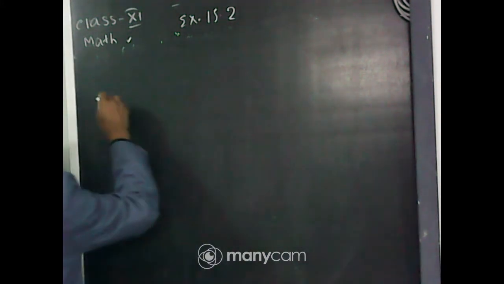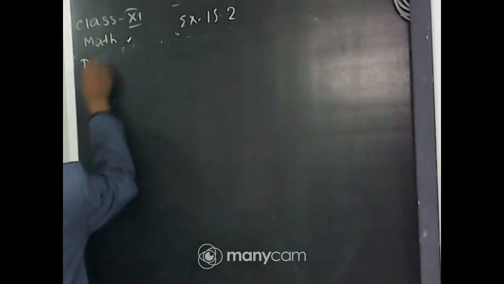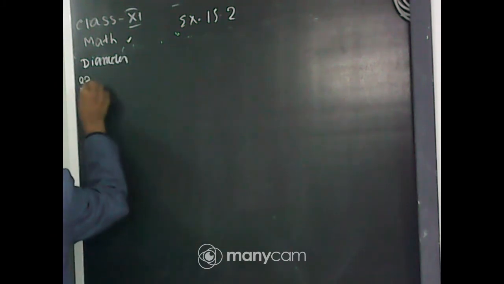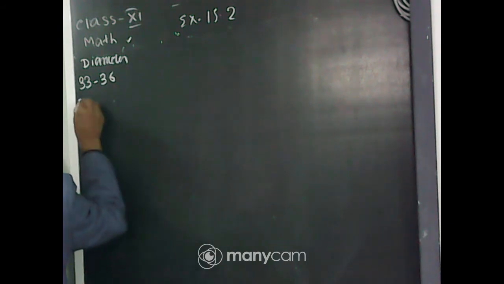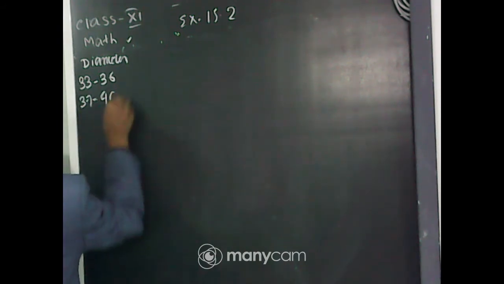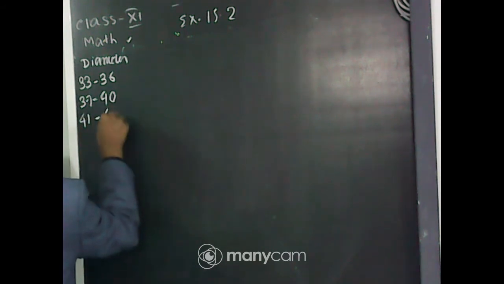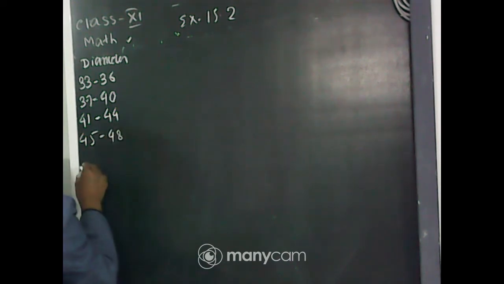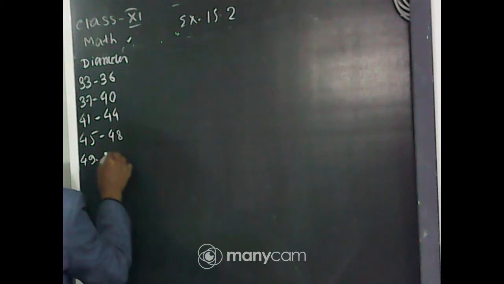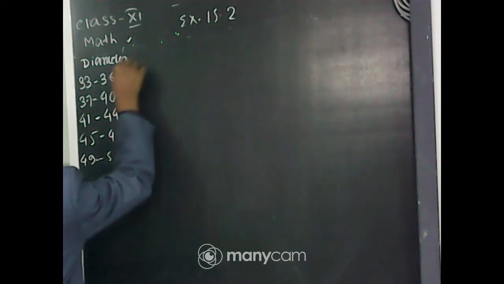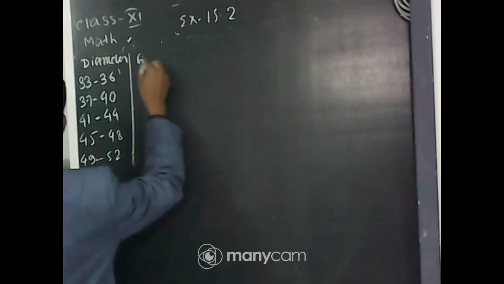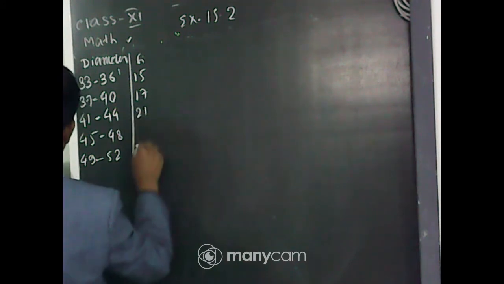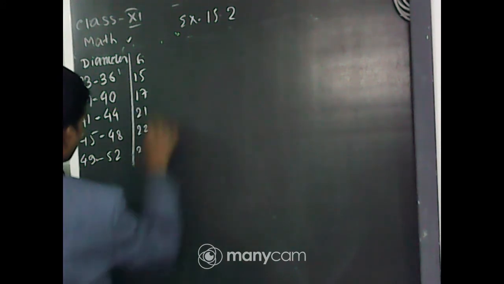The diameter is given here: 33 to 36, then 37 to 40, 41 to 44, then 45 to 48, and now 49 to 52, and the corresponding frequencies are 15, 17, 21, 22 and 25.